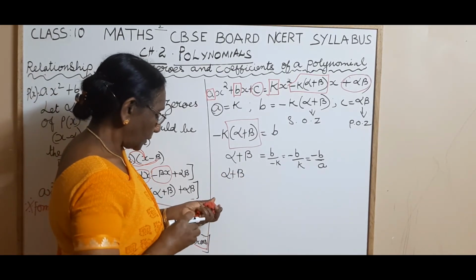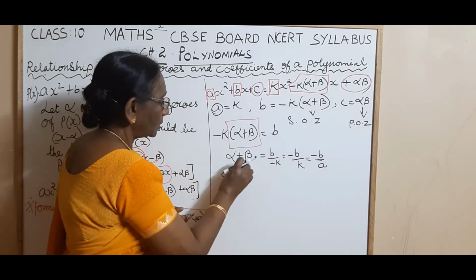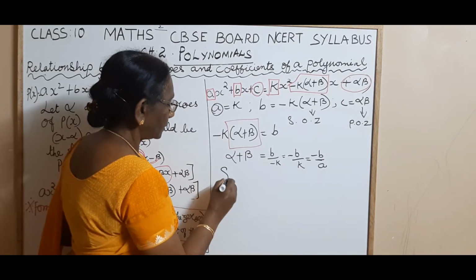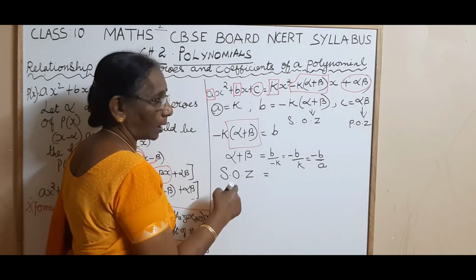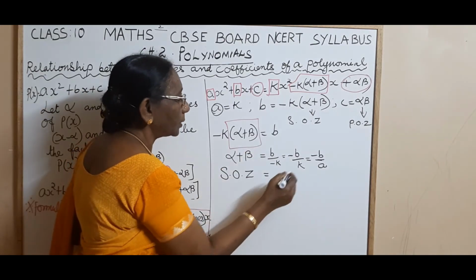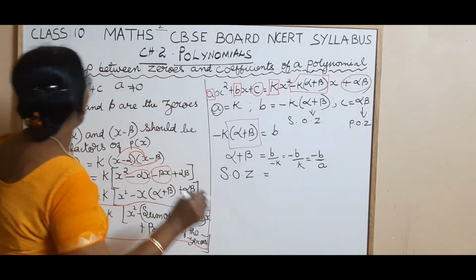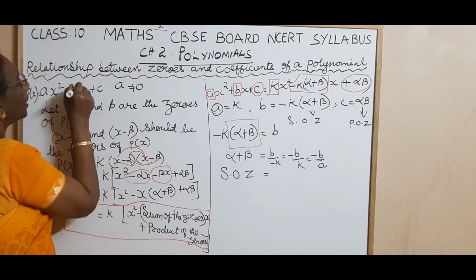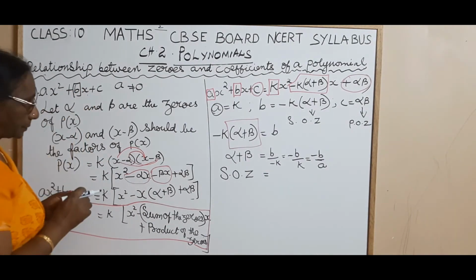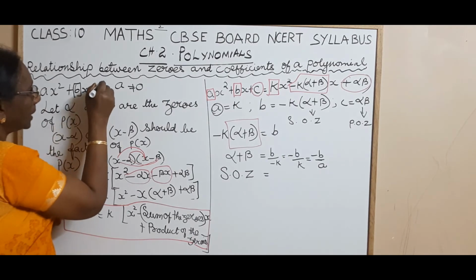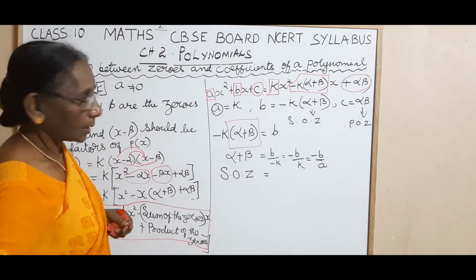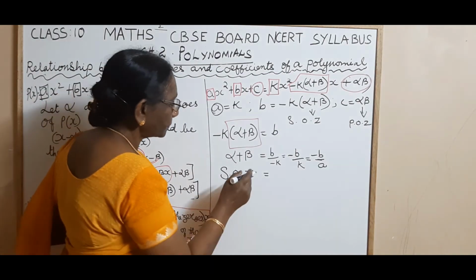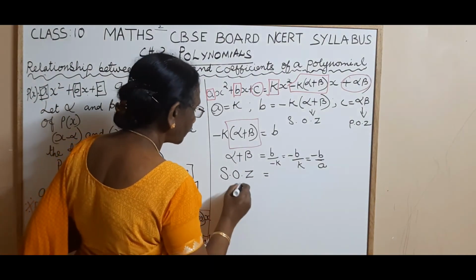So, you can write in words. Sum of zeros is equal to, what is b? B is the coefficient of x. And c is the constant term. A is the coefficient of x square. Isn't it? So, here what do you have now?